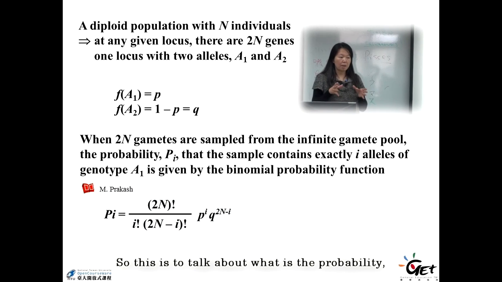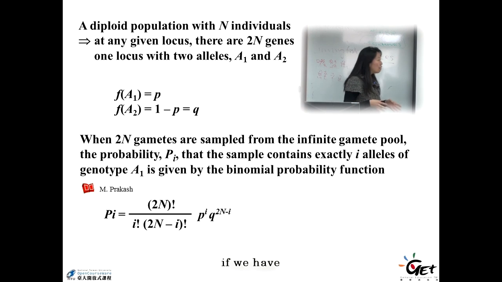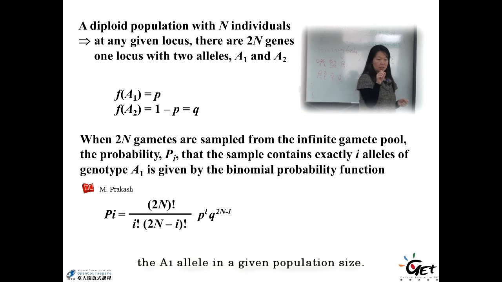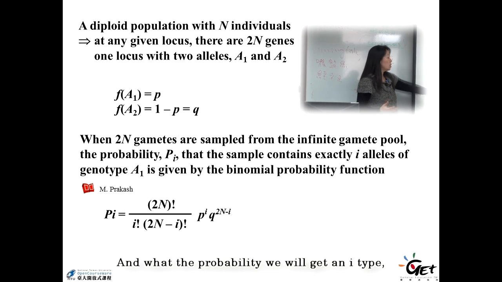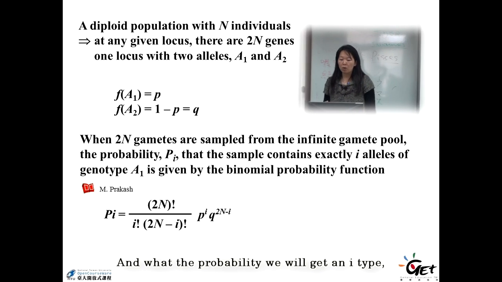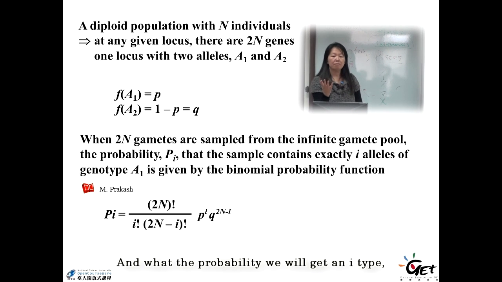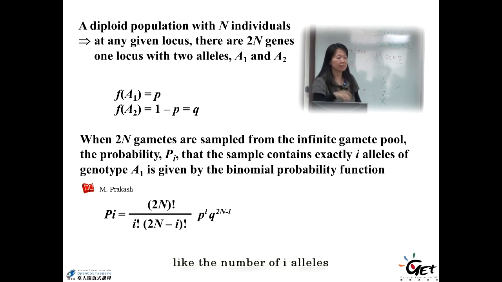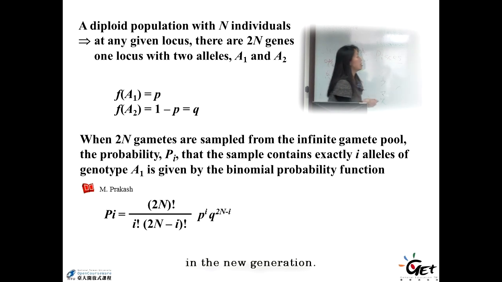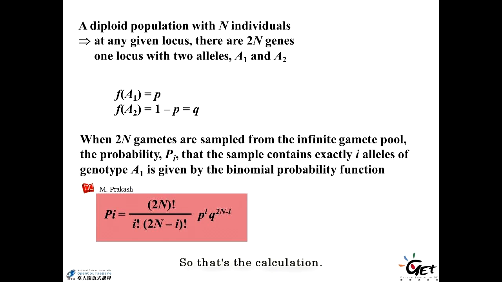This talks about the probability that, if we have the A1 allele in a given population size, we will get a certain number i of alleles in the new generation. That's the calculation.